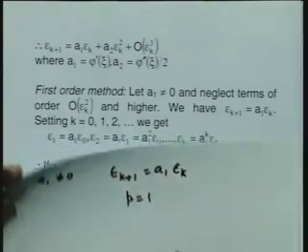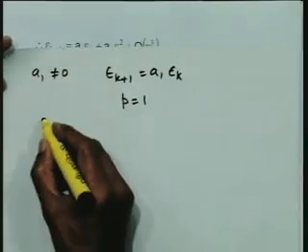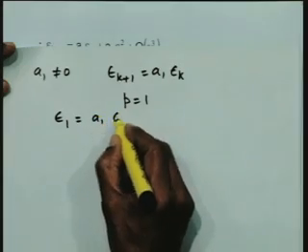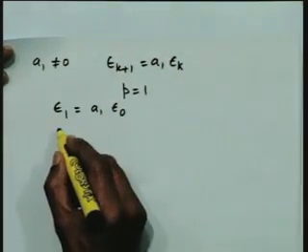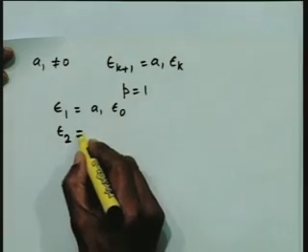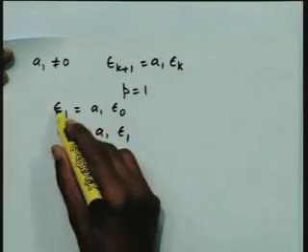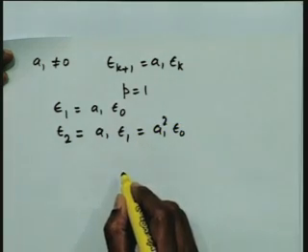But now let us proceed on. I will just show this transparency, but let me write it down here. Let us put k is equal to 0 here. So, I will have epsilon_1 is equal to a_1 epsilon_0. Then let us put k is equal to 1. Therefore, I will have epsilon_2 equal to a_1 epsilon_1, but epsilon_1 is a_1 epsilon_0, so epsilon_2 is a_1 squared epsilon_0.